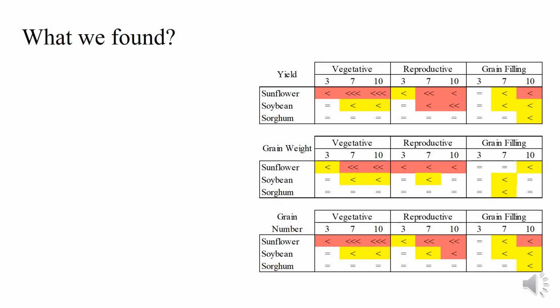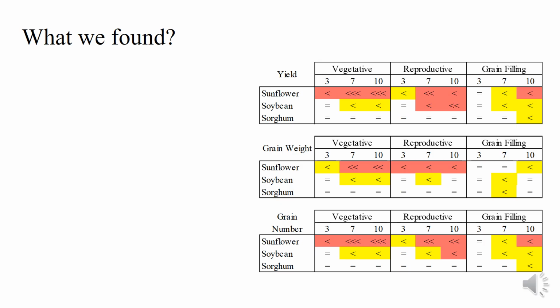We have in red when the effect was statistically significant, and in yellow when we found some evidence that the yield or the other components reduced against the control, but this evidence isn't very strong.